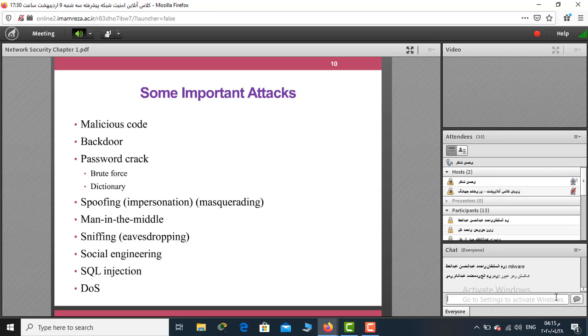Two more important approaches for cracking a password and obtaining a password illegally and without permission are brute force and dictionary attacks. Yes, شکستن رمز عبور، به دست آوردن رمز عبور.